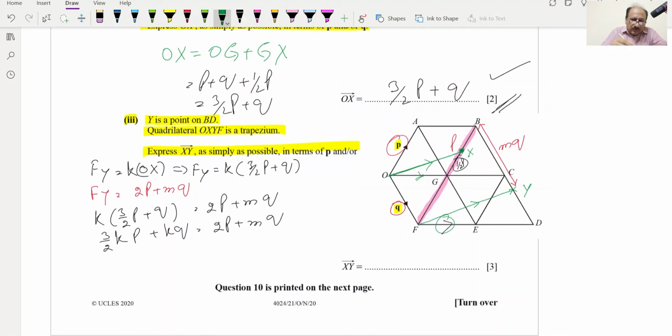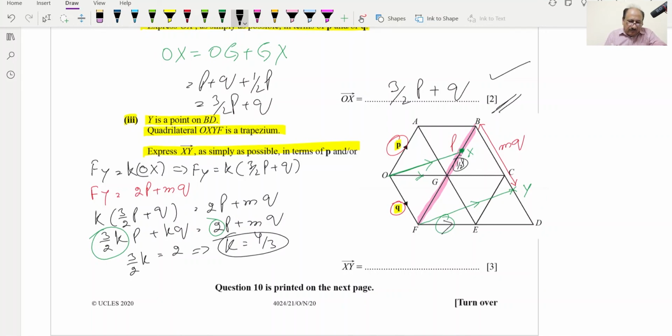Now we can compare the coefficients of P. This is the coefficient of P, and this will be 3 by 2 k is equal to 2. So this implies k is equal to 4 by 3.